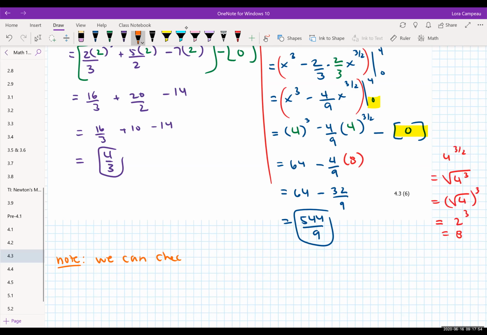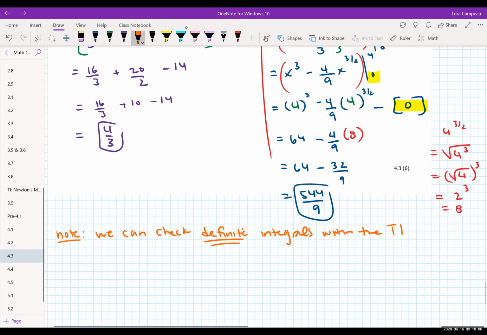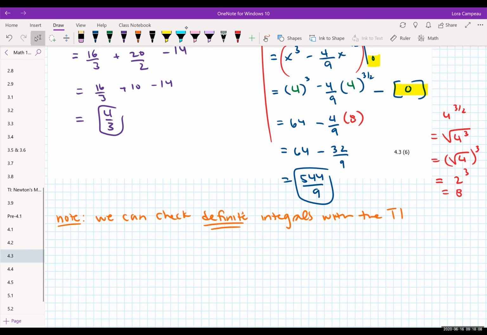We can check our definite integrals with our TI. And there's a couple things, just kind of syntax to help you out. Number one, it's going to have to do with the math key. And we'll show this on screen in a second.